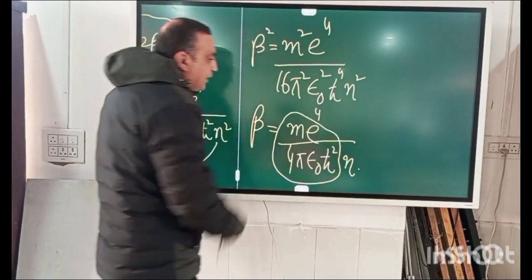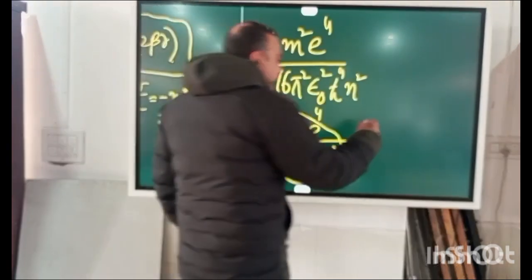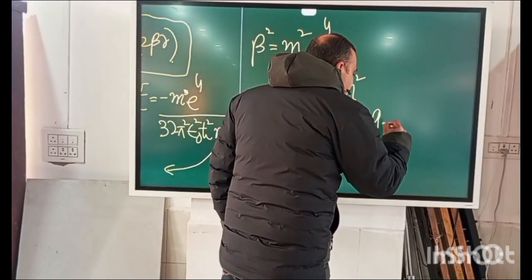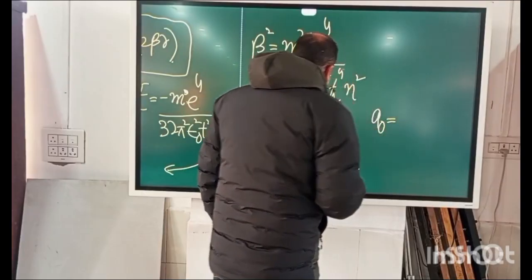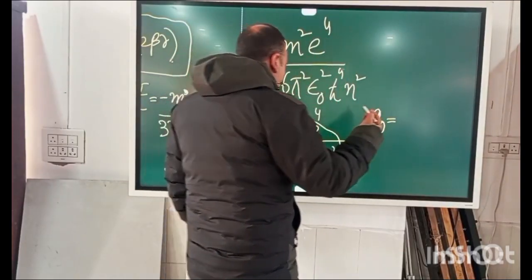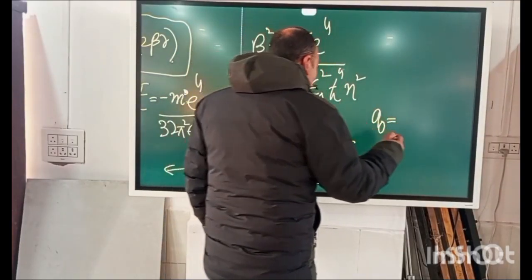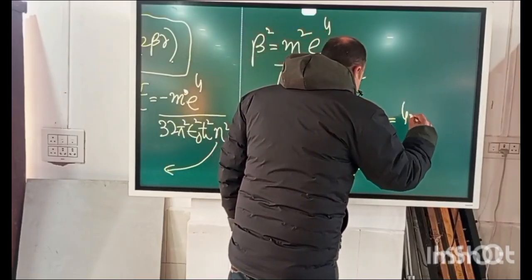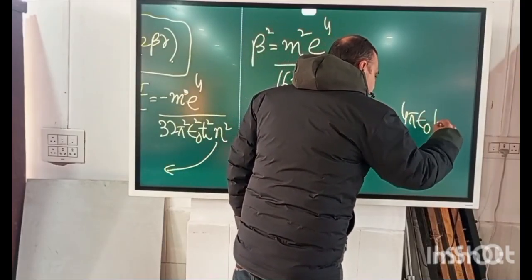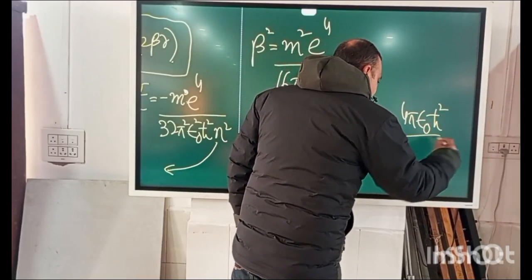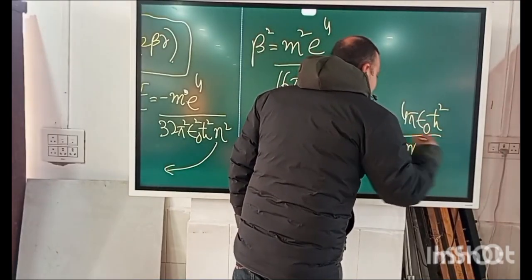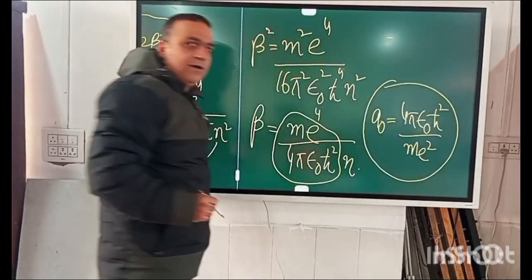Now, this part is called a naught. It's the radius of the first orbit of Bohr. This a naught is 4 pi epsilon naught h bar square by m e square. This is the Bohr radius.